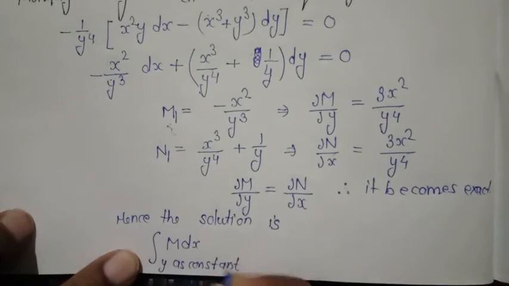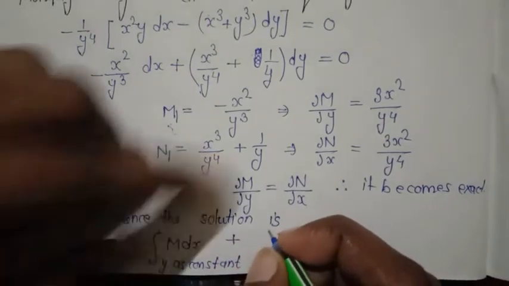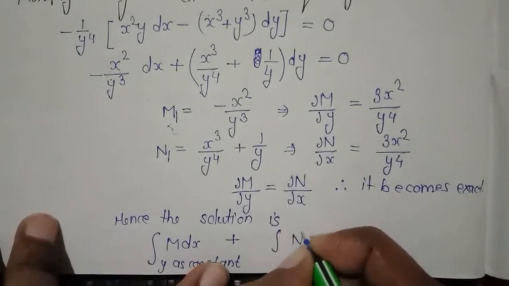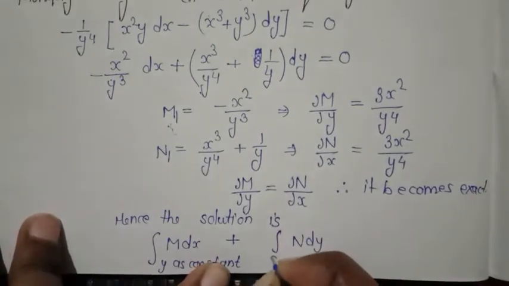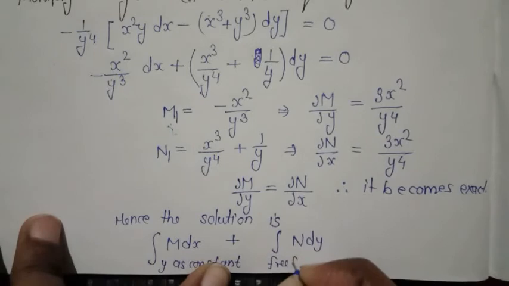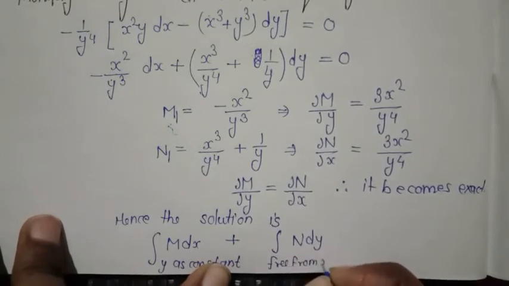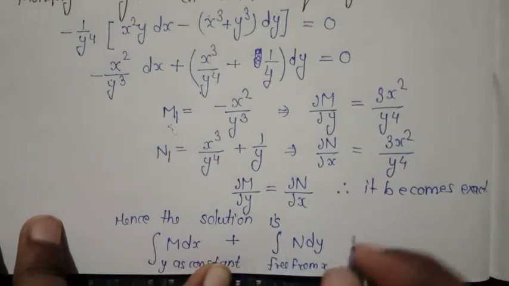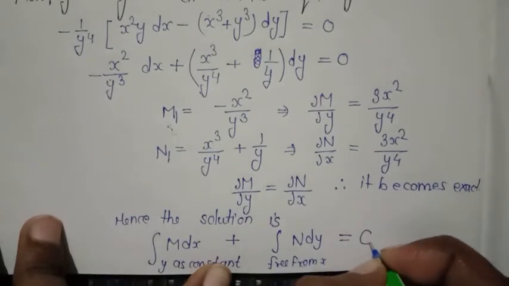Those who are not understanding, please watch my previous video. You will understand it very easily. And then N dy. N should be free from x. Remember it always. In the second integral, the term that we take should be free from x. That is, we remove all those terms which contain x, is equal to integrating constant c.